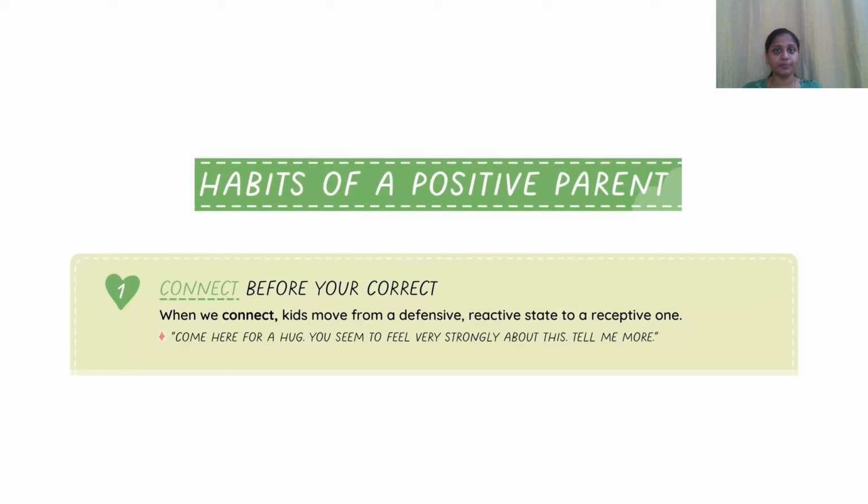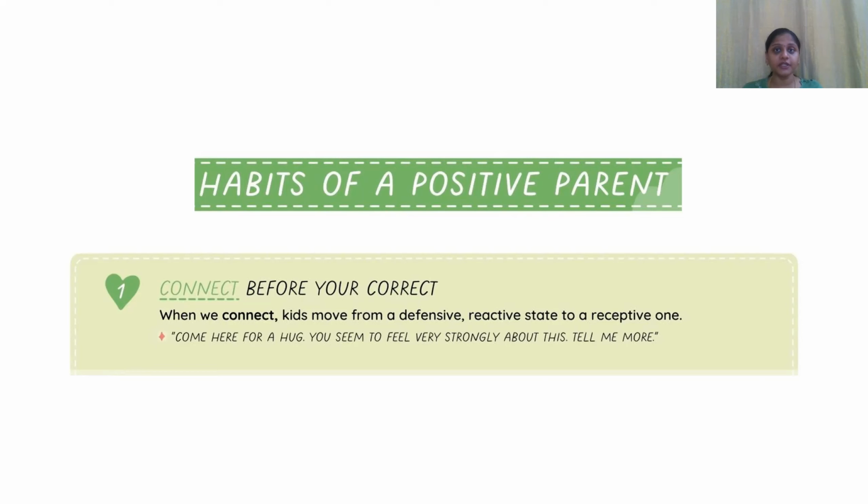So the first tip is you have to connect with the child before you are correcting the child. That is, when we connect and we say that, beta, I believe in you. I know what you might have done, but let me speak to you and please tell me what has clearly happened.